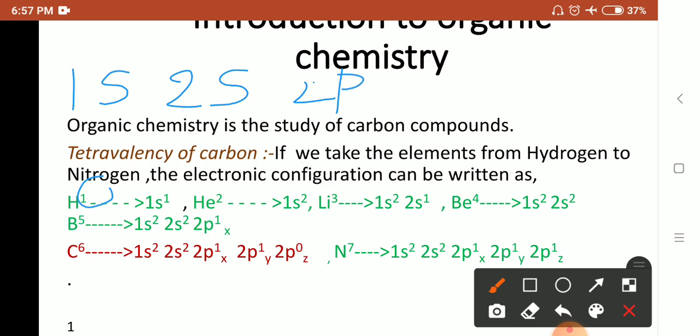The p subshell has three orbitals, px, py, pz, along the three axes x, y, z. The p orbitals are dumbbell shaped, and the s orbital is spherical in shape. These p orbitals along the x axis, y axis, z axis can be written as 2px, 2py and 2pz.